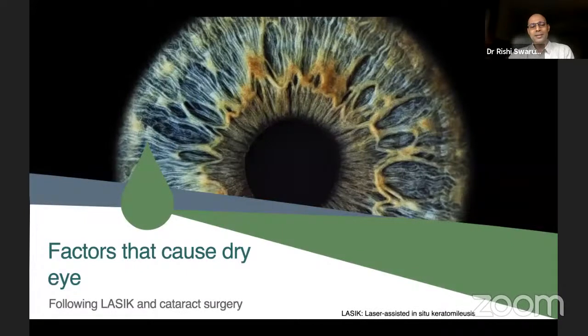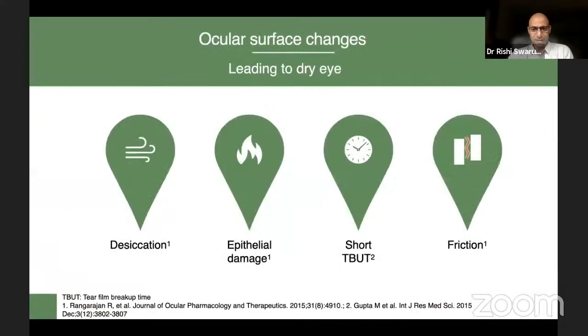So why do we get dryness after LASIK and cataract surgery? What are the factors? It's essentially a combination of these 4 factors. Desiccation, which is basically lack of tears, damage to the surface epithelium, a reduced tear film breakup time, which allows the tear film to be destabilized, and of course, mechanical friction.